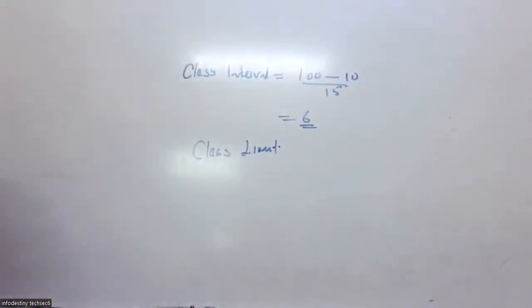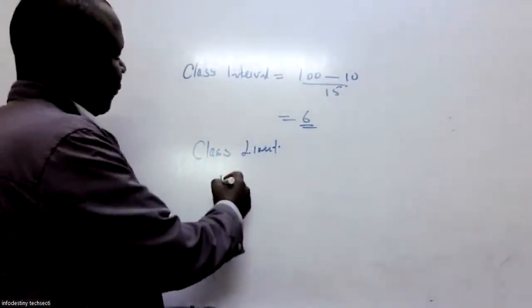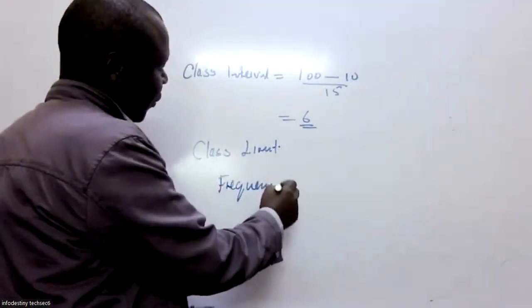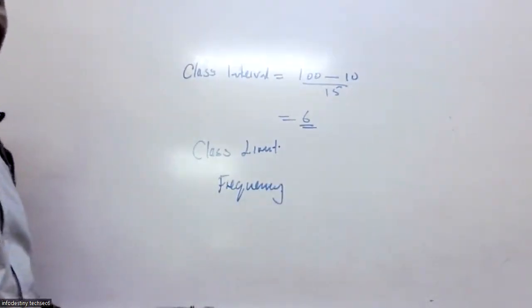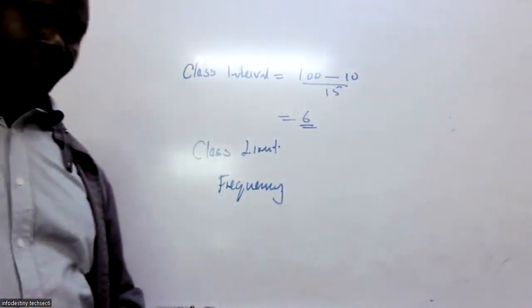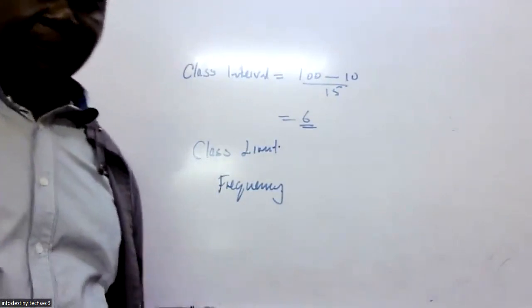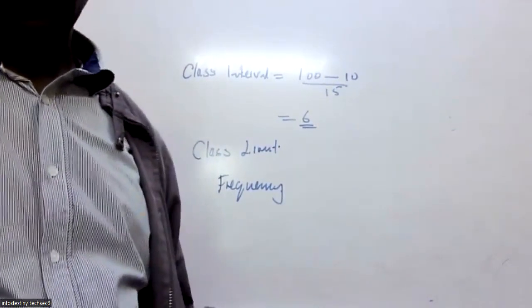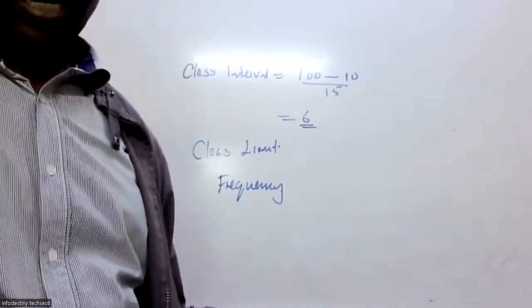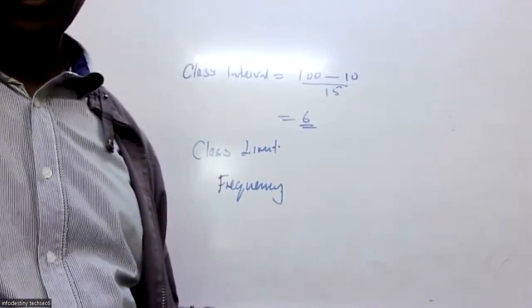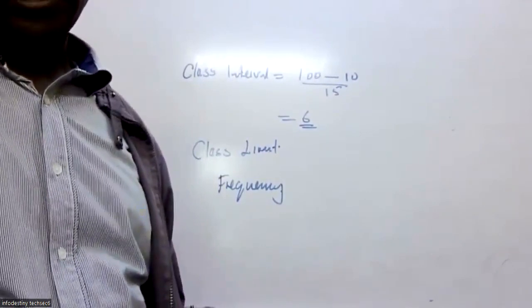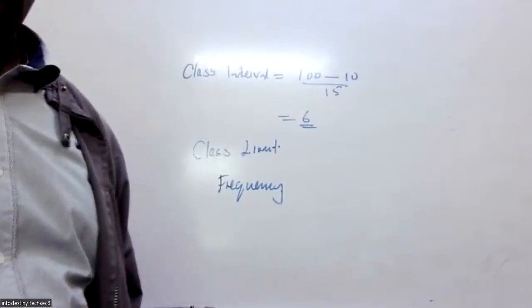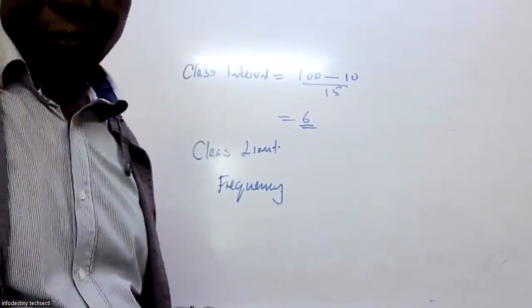Then we look at the last item, which is the frequency in each class. The frequencies are the values which fall in a particular group.